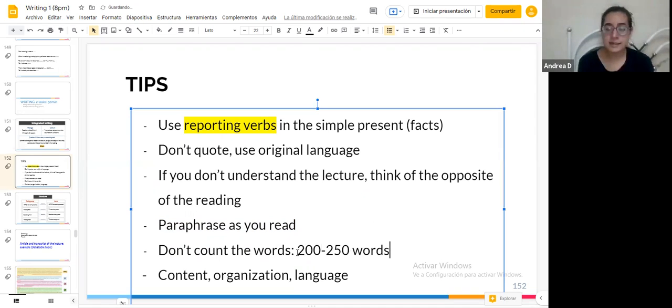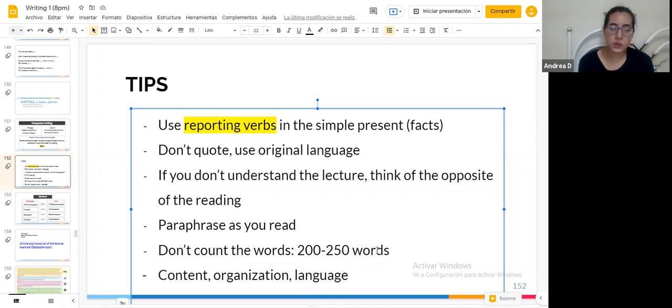So this is like the ideal number they give. But of course, you can write more, you can write less. It's not about the number of words you have, but how well written it is. So you can have an 800-word essay and say nothing, or a 190-word essay and have a good one. So don't worry too much.